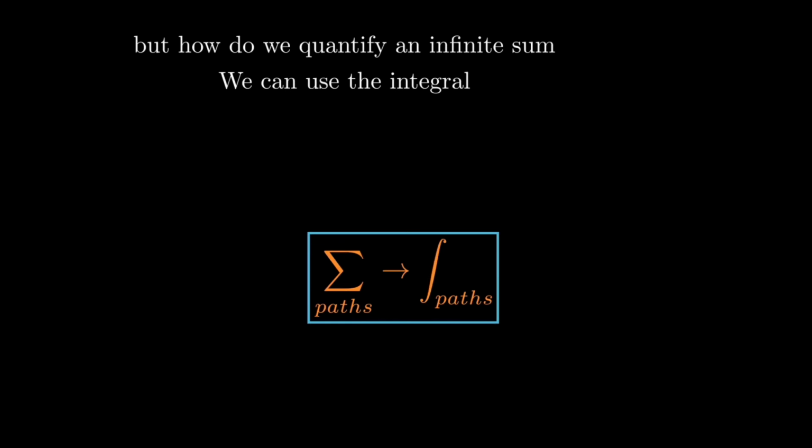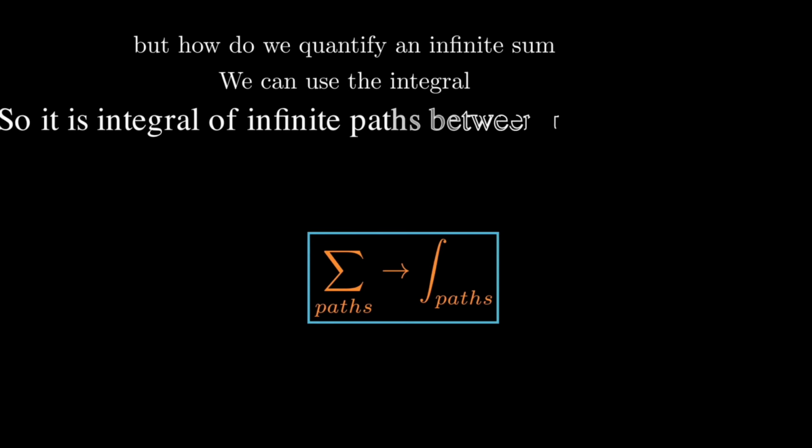And this is the basic mathematical underpinning of the path integral. So we then need to converge this sum in the continuum to the integral over all possible paths. Okay, so it is an integral of infinite paths between 2 points, as we have seen earlier.